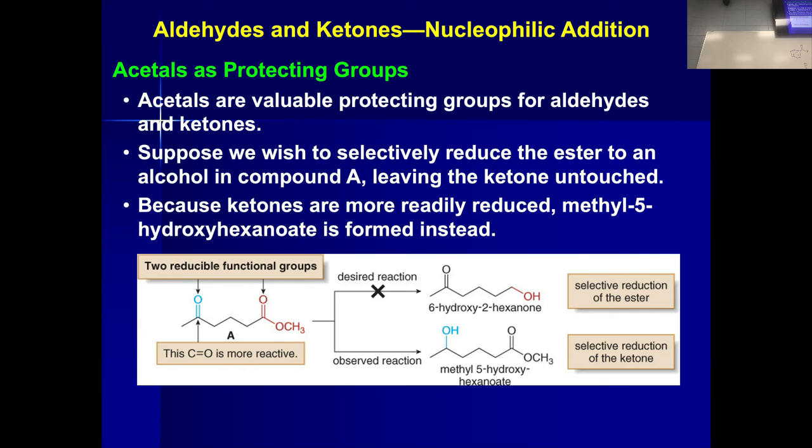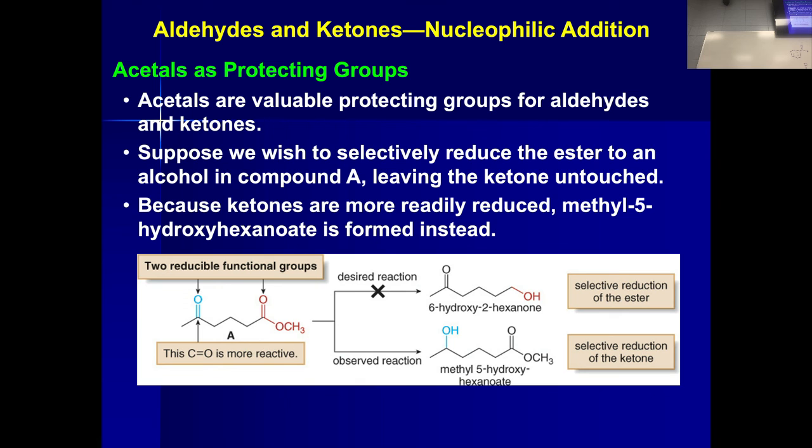This is what you desire to do. Okay? The problem is that there's no good way to do that. And if you actually did the reaction where you treated this with, say, lithium aluminum hydride or sodium borohydride, what you would find is that the ketone would actually get reduced and the ester gets left alone. Ketones are more reactive than esters. And so this becomes a problem. You want to do this, but this is what you're going to get.